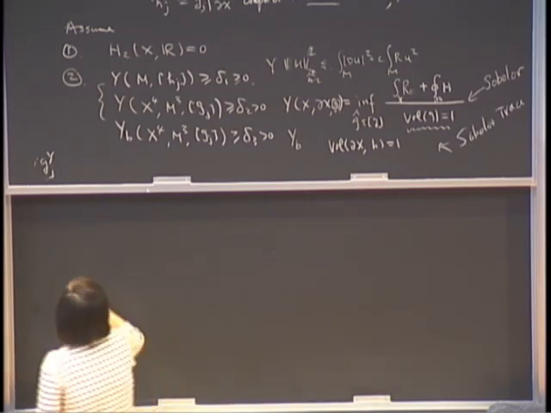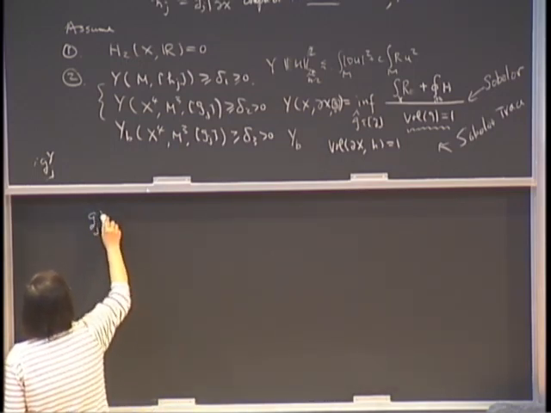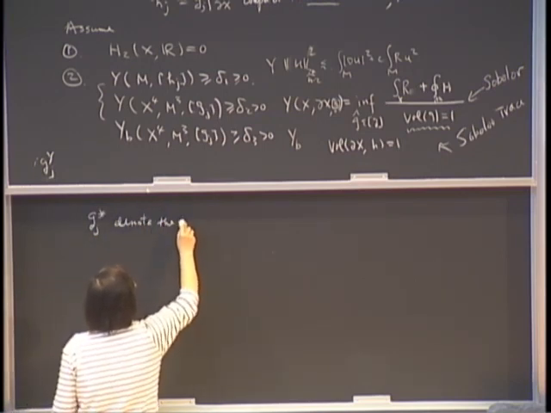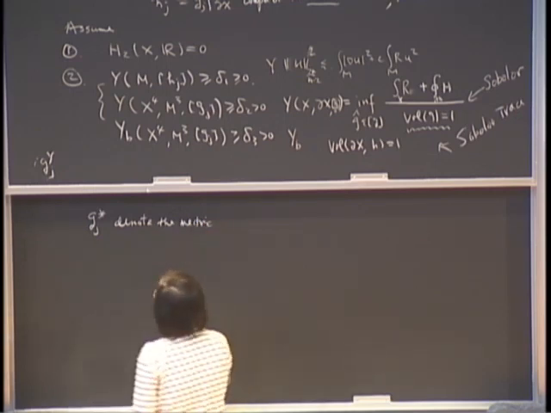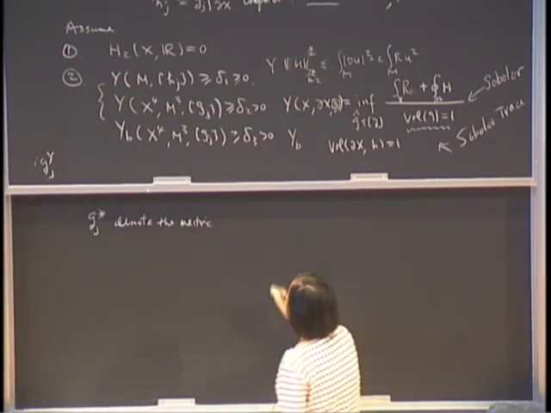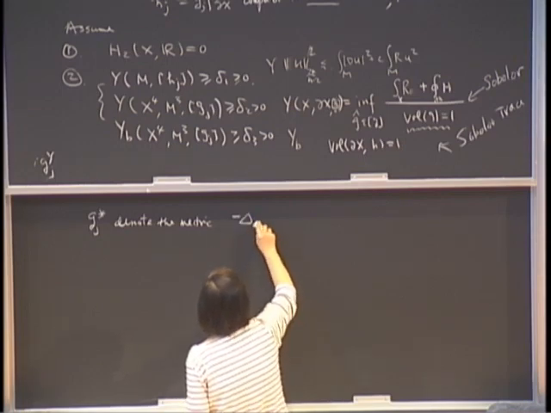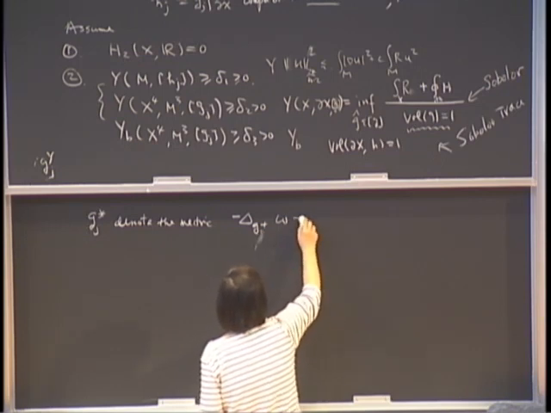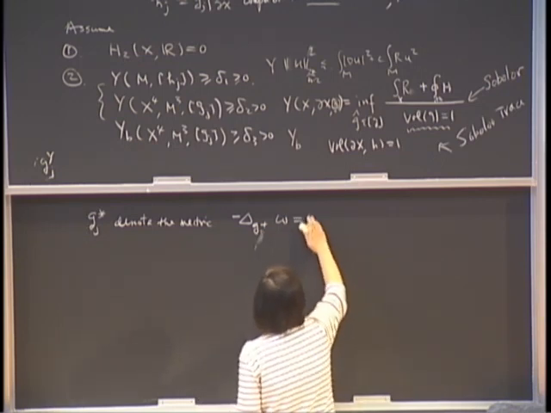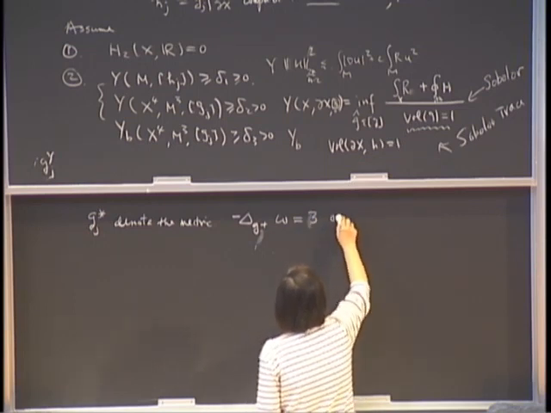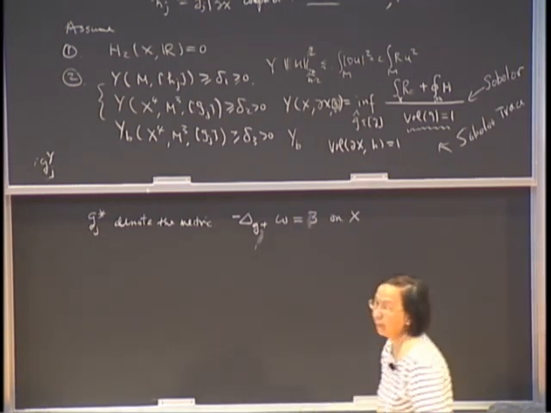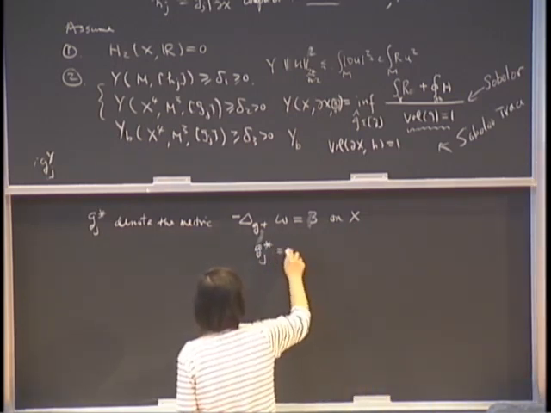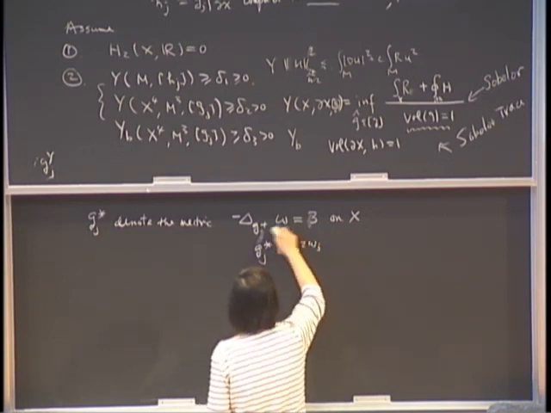Okay. So now let Gj star denote the metric which satisfies the following property. We look at the Laplacian of Gj plus, of W, say there's always an index for each j, equal to 0, and n equal to 3 on X. Okay. And then this Gj star is equal to e to the 2wj times Gj plus, for each j.